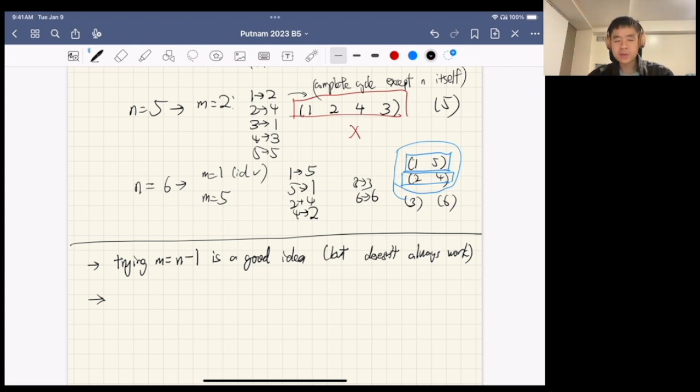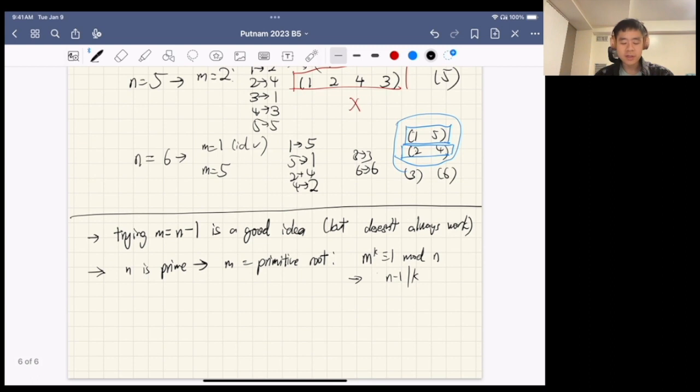But other than that, since n is prime, we can choose m equal to the primitive root. So what does this even mean? This means that m to the power of k is congruent to 1 mod n implies that k is divisible by n minus 1.